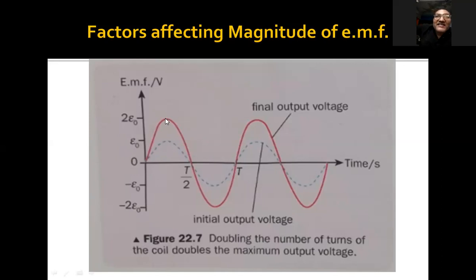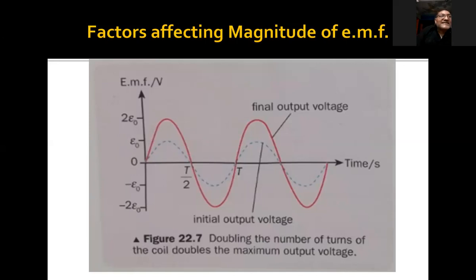By doubling the number of turns of the coil in the AC generator, the EMF induced will become double. If you keep all the rest of the factors constant and you only double the number of turns of the coil, the voltage induced will become double. The rest of the things will remain the same. I mean the time period of the current induced and the frequency of the current induced will still be the same.